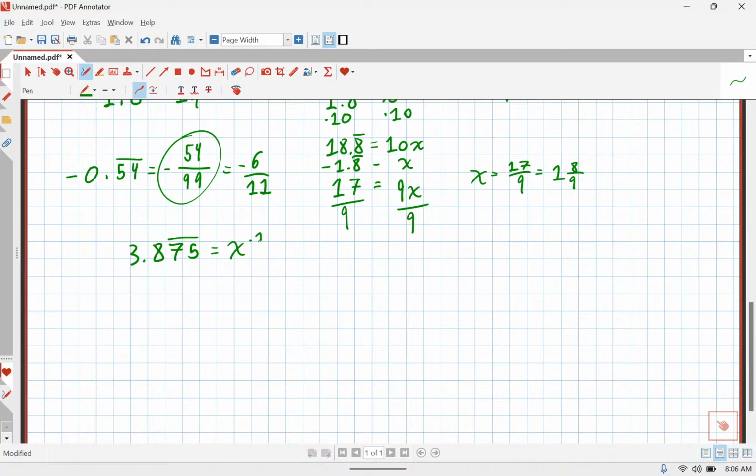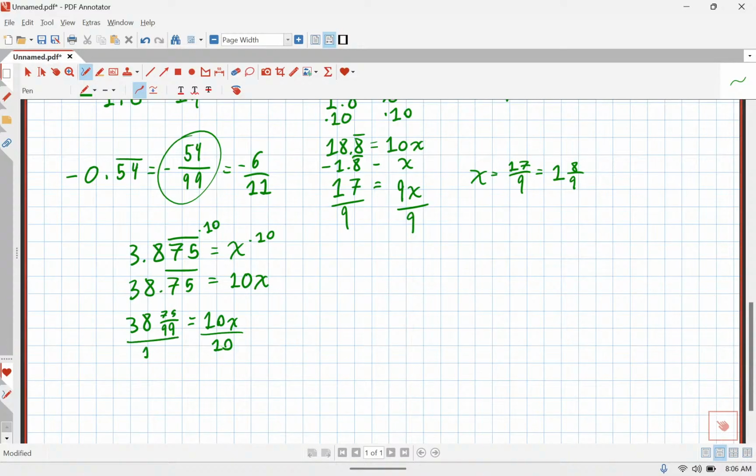So, for example, if I did, and this time I do want you to write this down, that would give me 38.75 repeating equals 10x. But can I use the rule of nines now, guys? Yeah, since it's repeating immediately, I can call that 38 and 75/99ths, which I don't believe reduces, equals 10x.